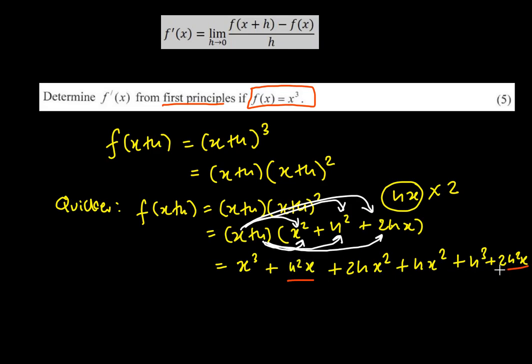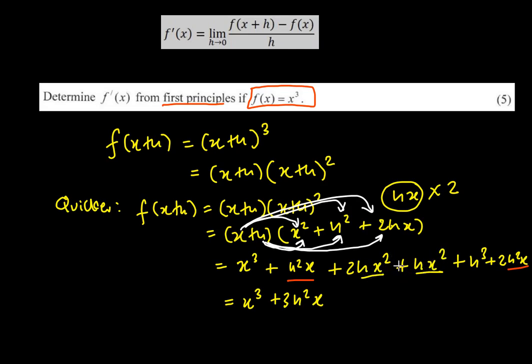So since they are like terms, we're just gonna add the numbers in front. So here is x cubed, then this one and this one, I'm gonna say 2 plus the 1 that is there. We don't write it, but it is there, right? That would be 3h squared x. And then this and this are like terms. We have hx squared, we have hx squared.